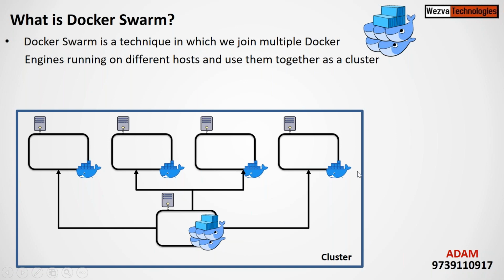So orchestration means we will take individual machines in which Docker daemon is running and connect them to a group or a cluster, and then whatever we want to communicate, we will communicate to one machine in which the cluster or the group is created, and that will communicate to all the machines which have been added in the group or the cluster. This cluster is what we call Swarm.